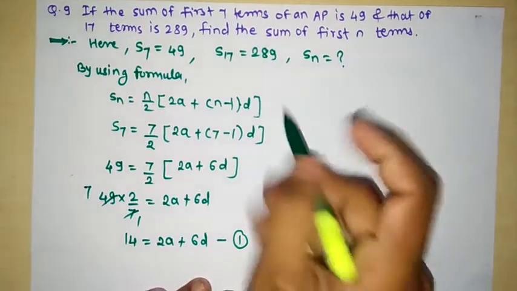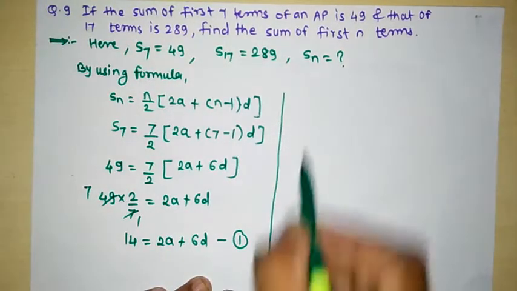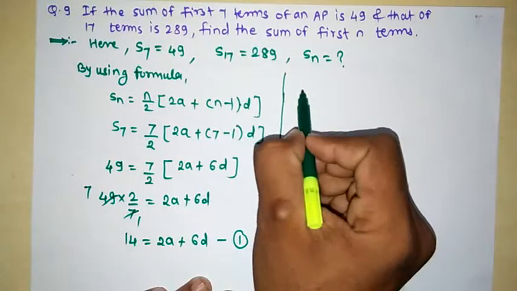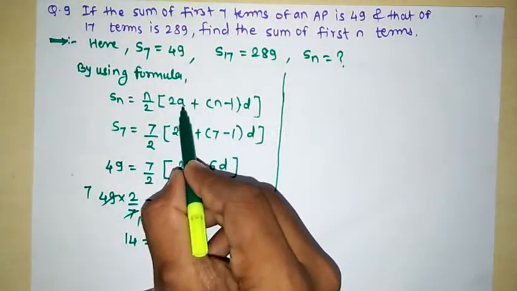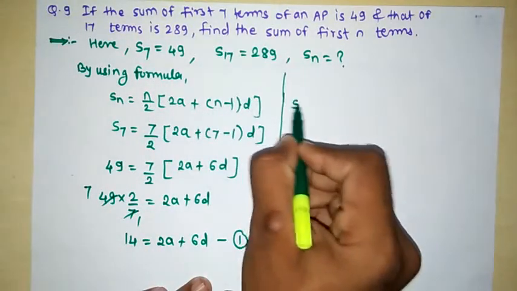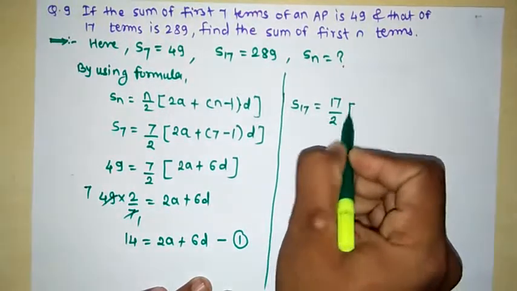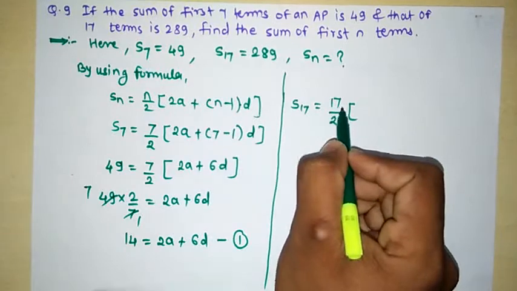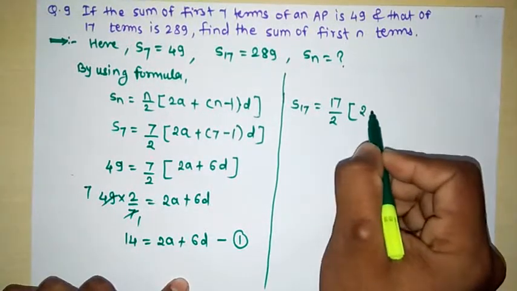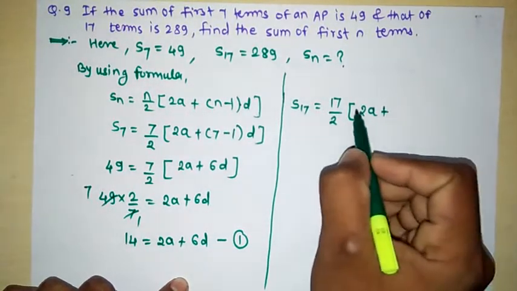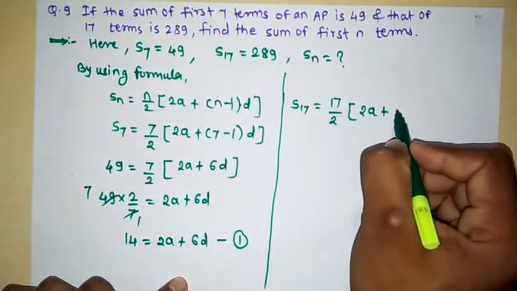Now I will solve further. We will apply the formula for S17, which is equal to 17 divided by 2. Instead of n, we write 17 divided by 2 into 2a. a is as it is because we don't know the first term, into (n minus 1).